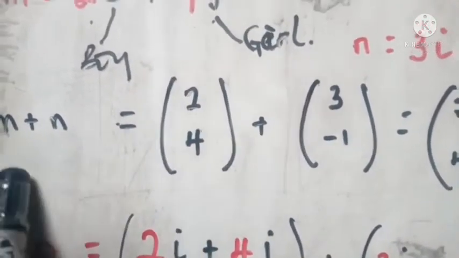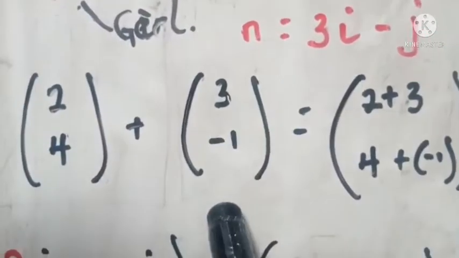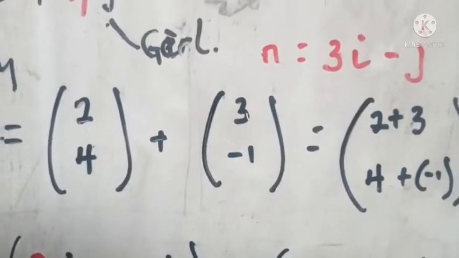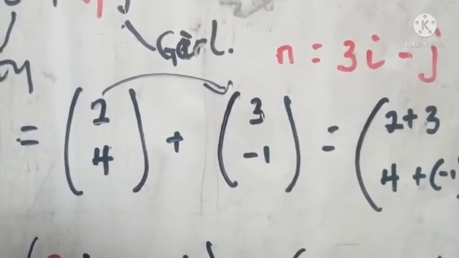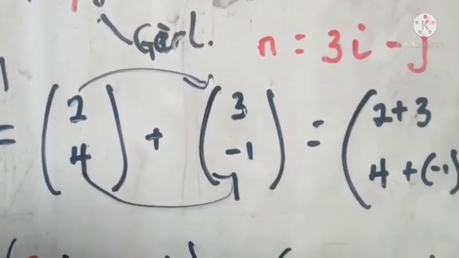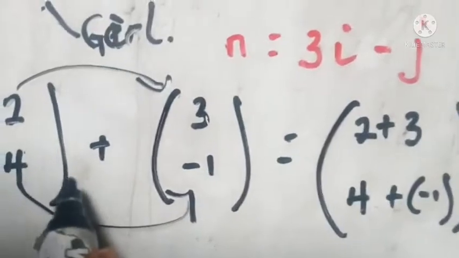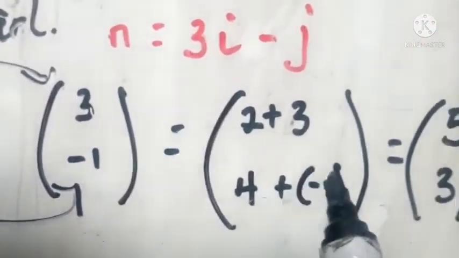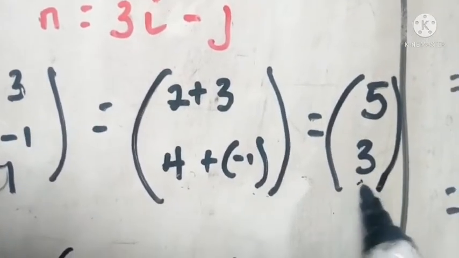We want to combine 2, 4 as well as 3, negative 1. Make sure a boy to a boy, just like a dollar to a dollar or a euro to a euro, a girl to another girl. So you have 2 plus 3 because it's being combined by our addition sign. 2 plus 3 gives me 5, and then 4 plus negative 1 should be 3.